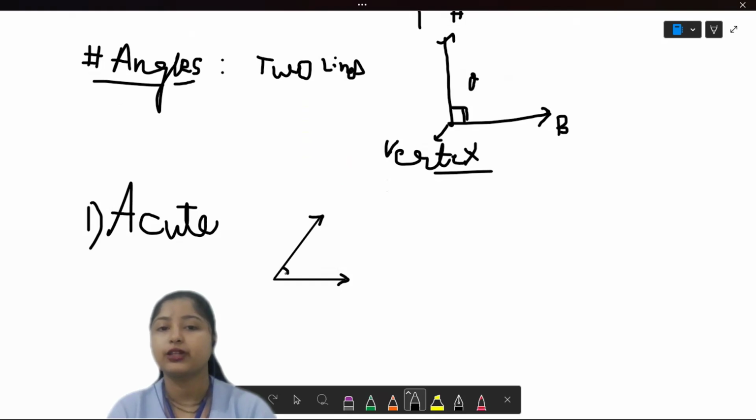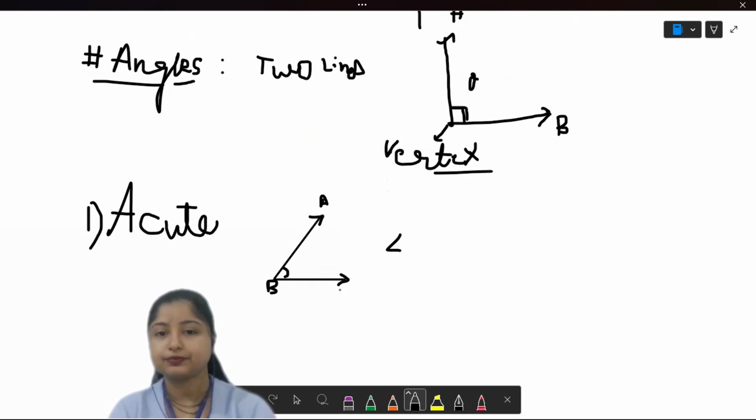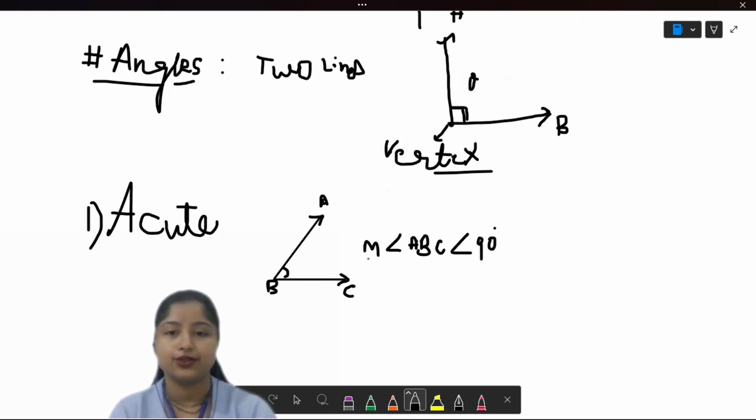That's an acute angle. For the angle measurement, for example, let's name the points first A, B, C. The angle measurement of ABC should be less than 90 degrees. That's where an acute angle is formed.